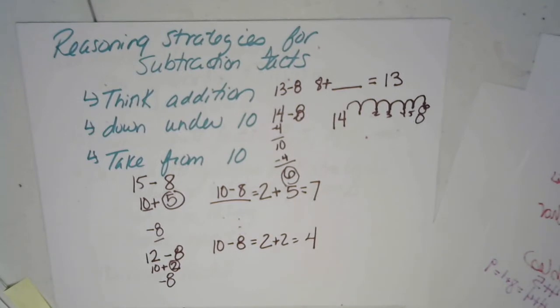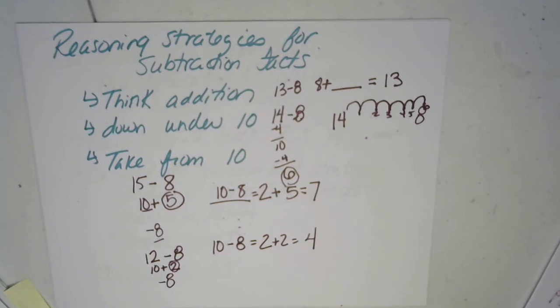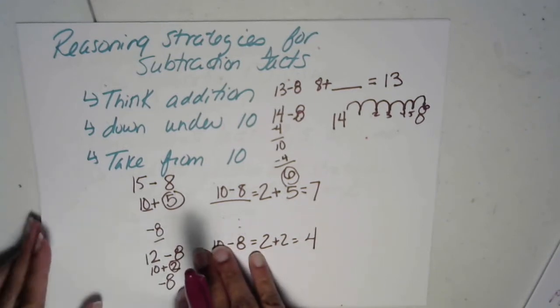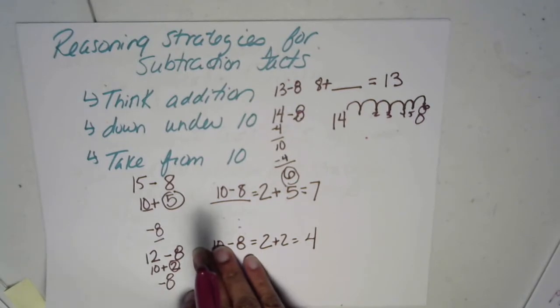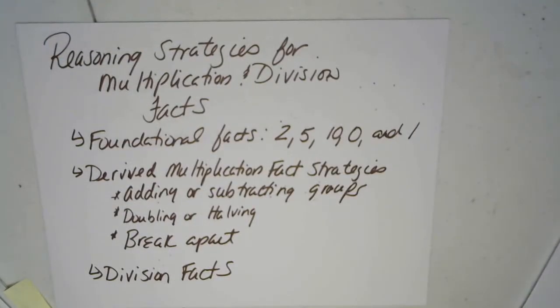They might not use the same one every time, and different situations may warrant different strategies, but they need to have the strategies, because we can't teach students, especially those who are struggling, but all students, 100 addition facts, 100 subtraction facts, 100 multiplication facts, 100 division facts. We can't expect them to memorize 400 facts and then be really effective in math.